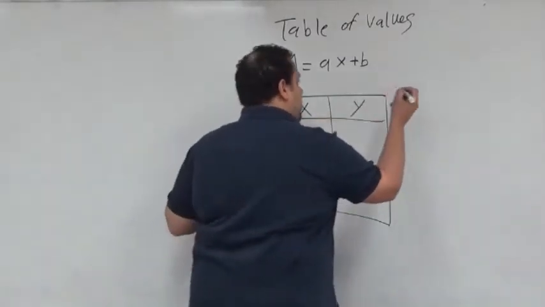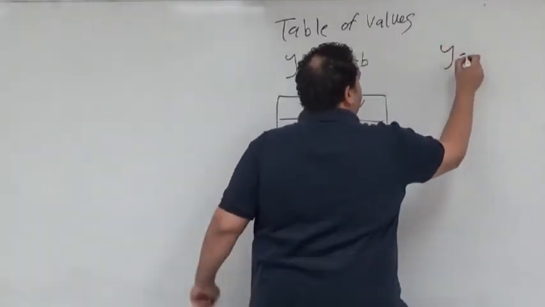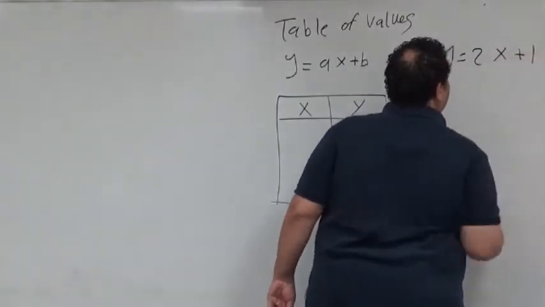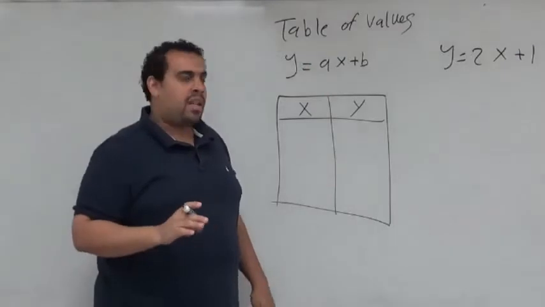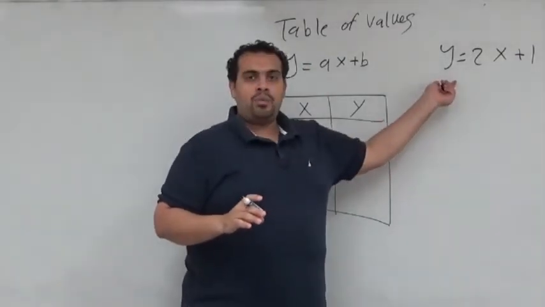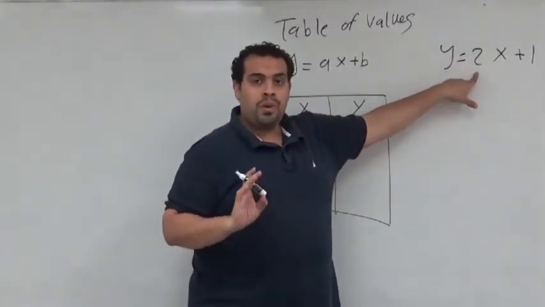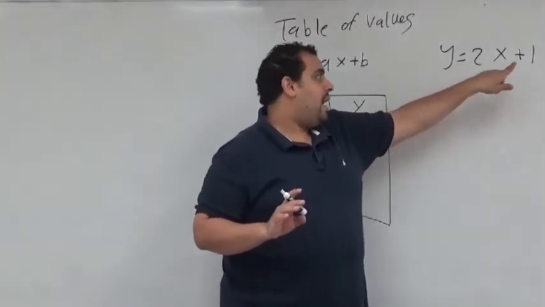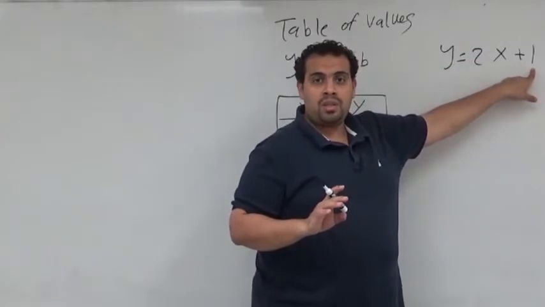For the example, we will have y equals 2x plus 1. Let's keep it very simple. Again, y is output, the 2 is the slope, x is input, and 1 is the y-intercept.